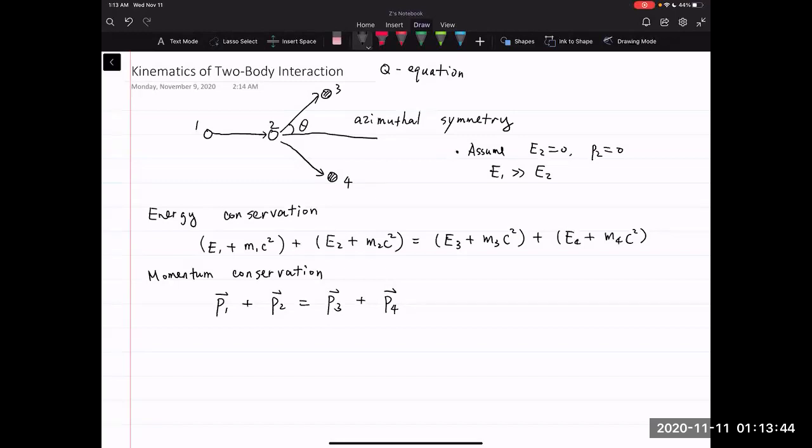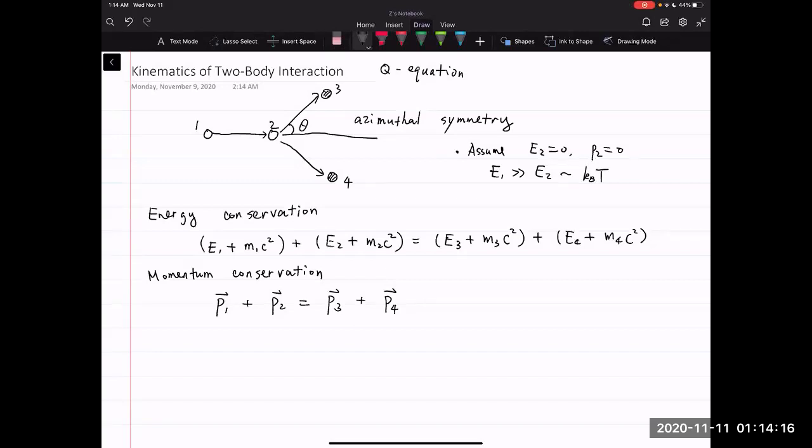So this E2, in general, would be on the order of kBT, where kB is the Boltzmann constant and T is the temperature. In other words, if the energy of the incident neutron is much larger than the kBT of the target, then we can assume E2 is 0. It means that the target is essentially at rest compared to the incident particle.